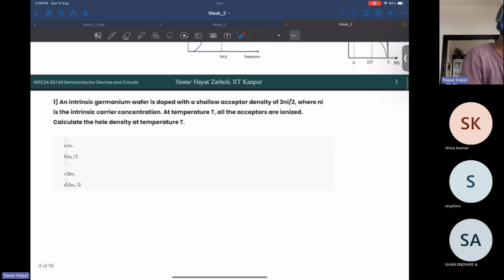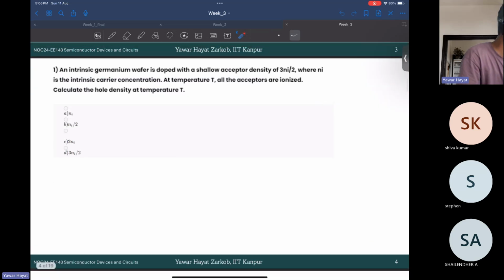Thank you. So with that, we'll start with today's first question, which is an intrinsic germanium wafer. It's doped with a shallow acceptor density of 3 Ni by 2, where this Ni is the intrinsic carrier concentration. At temperature T, all the acceptors are ionized.